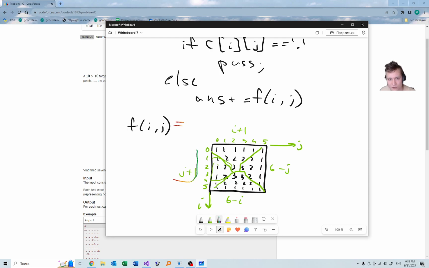So what you need to do is choose the minimum of I plus 1, j plus 1, and 6 minus I and 6 minus j. I chose 6 before because the size of the matrix is 6, but in our problem it is 10, so 10 minus I and 10 minus j. So this is the function which calculates how near to the center you are. And this is what gets you accepted.